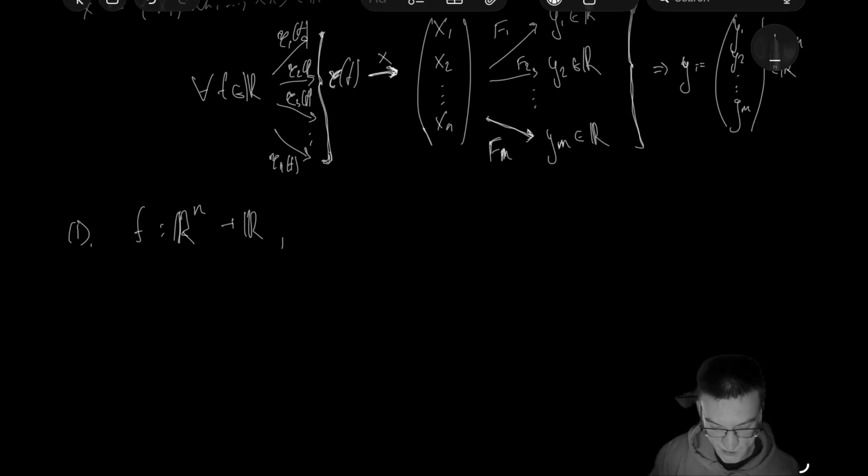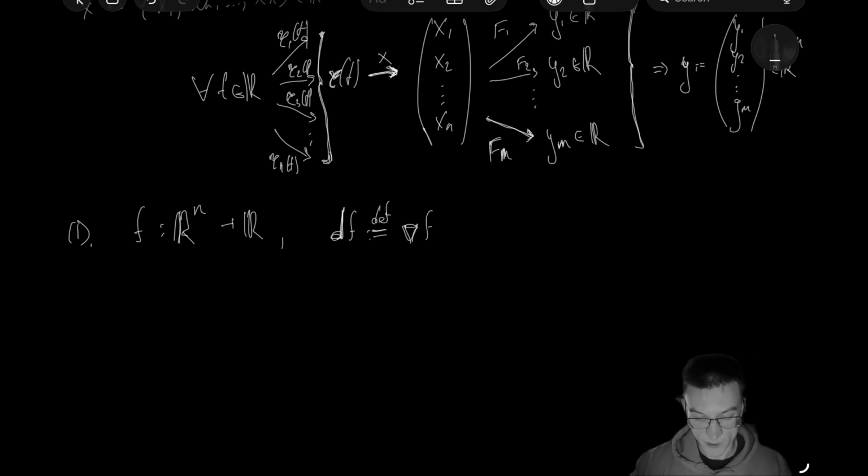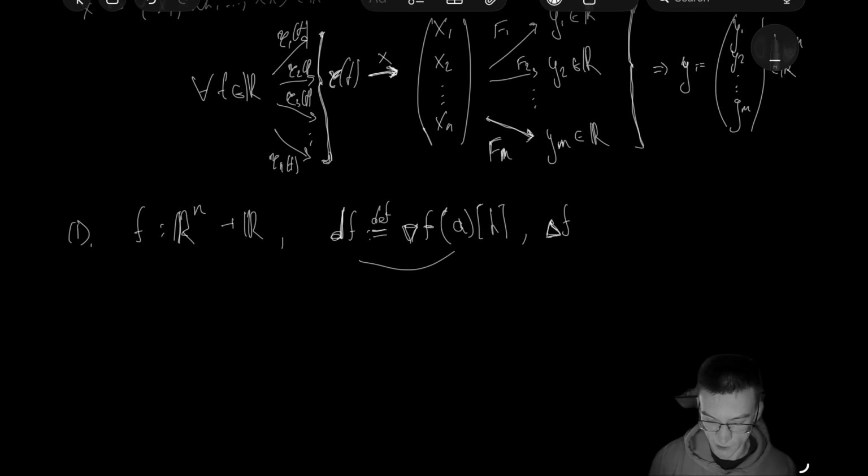Based on Fréchet's differentiability, we know that the total differential of the function can be written as the operator nabla of f at the specific point, at the specific vector, let's call it a, with an applied displacement vector h. Well, this is just the Fréchet's differentiability principle, and this is the linear prediction, right? This part is a linear prediction.